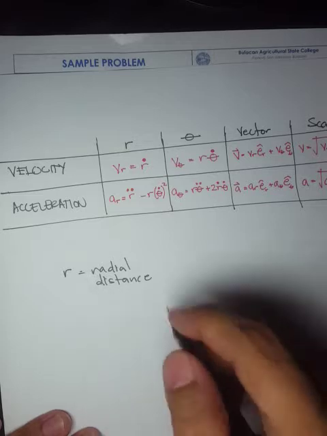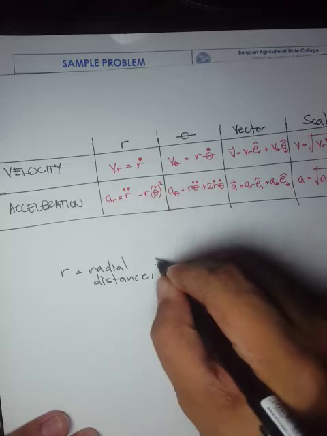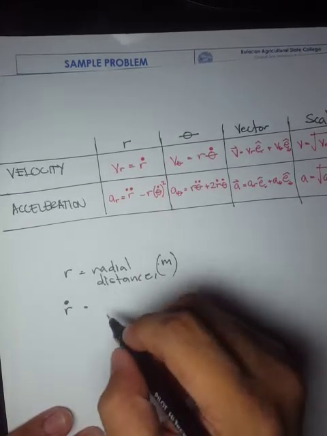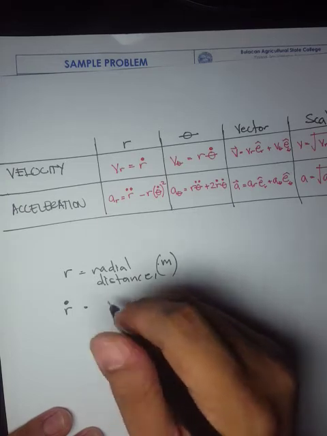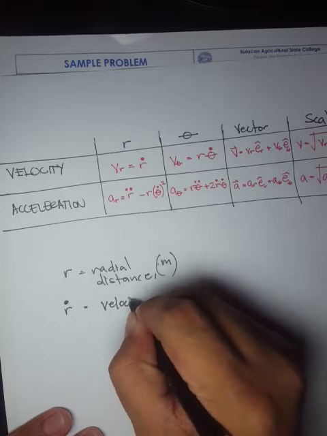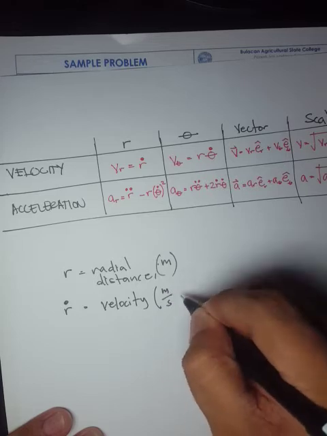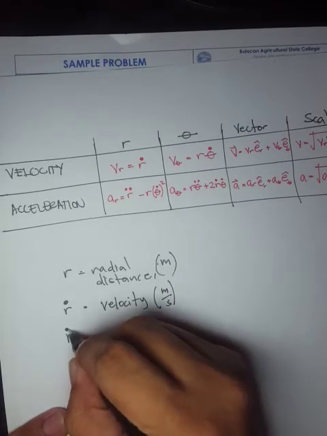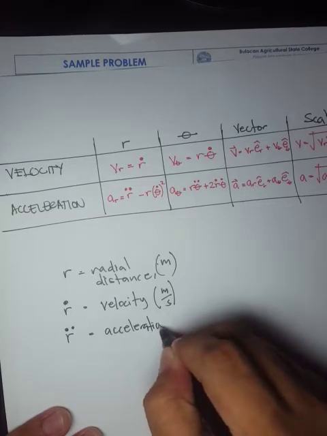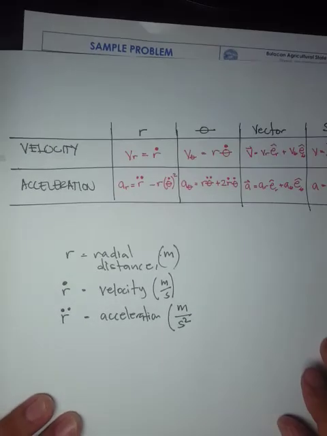So r is the radial distance, and that's in meters. If we take the first derivative of r, that's going to be the radial velocity, in meters per second. And r double dot is acceleration, and the unit is meters per second squared.